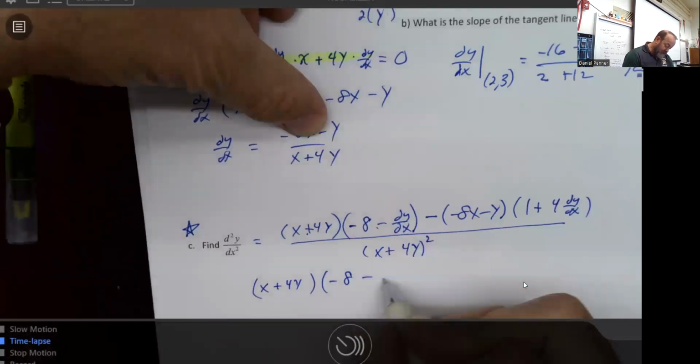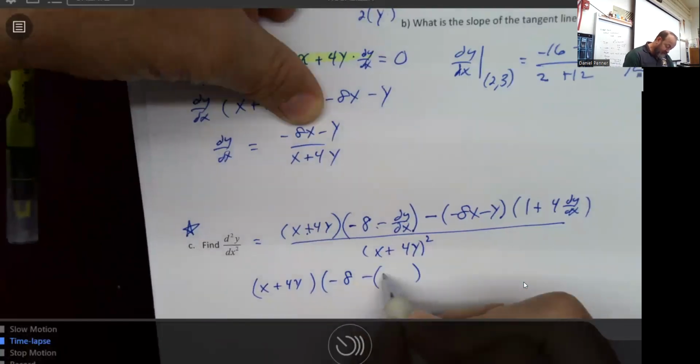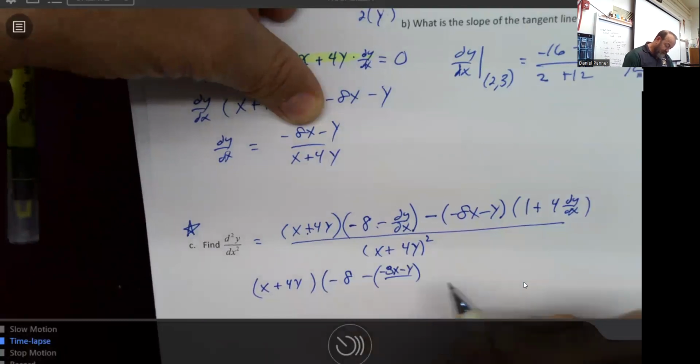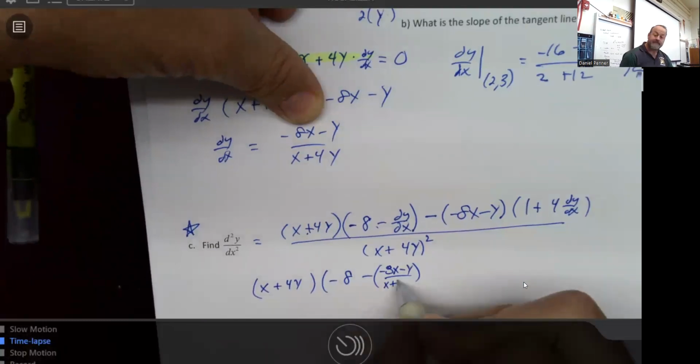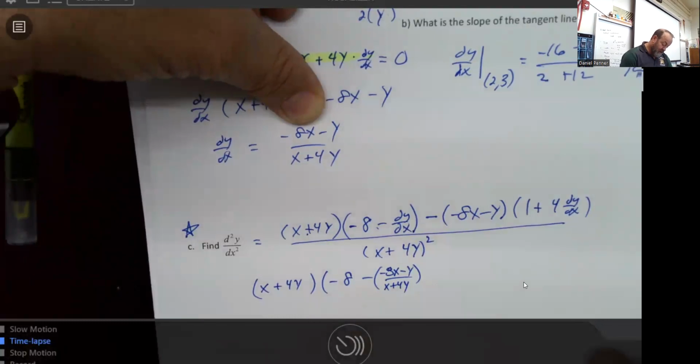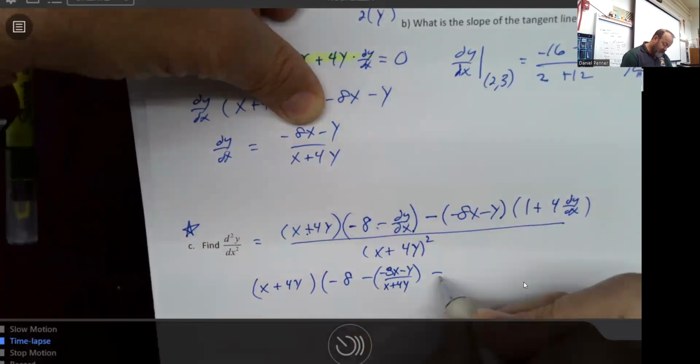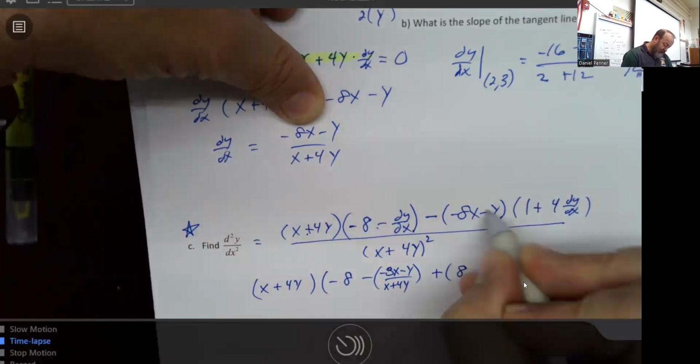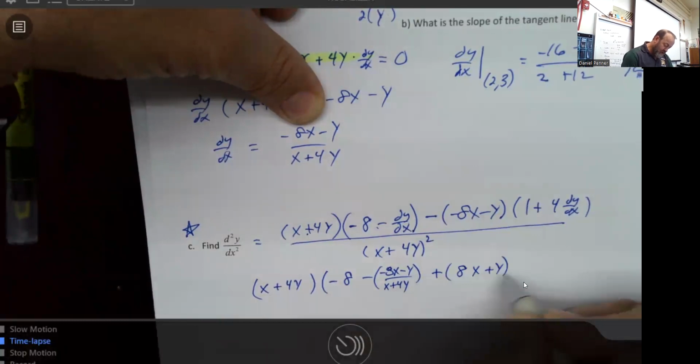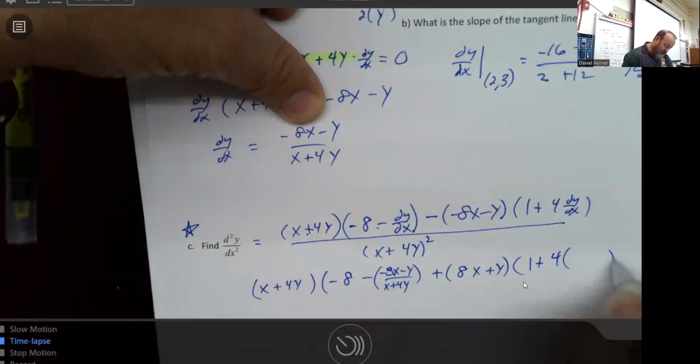So I'm going to replace it with negative 8x minus y over x plus 4y. By the way, notice that there's just an awful lot of negatives there, so I decided to get rid of them, plus 4, and then instead of writing dy/dx, I'm going to write negative 8x minus y over x plus 4y.